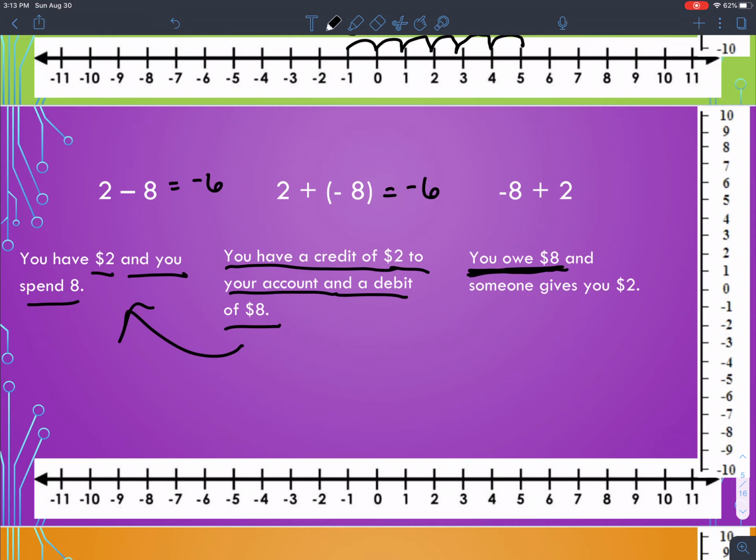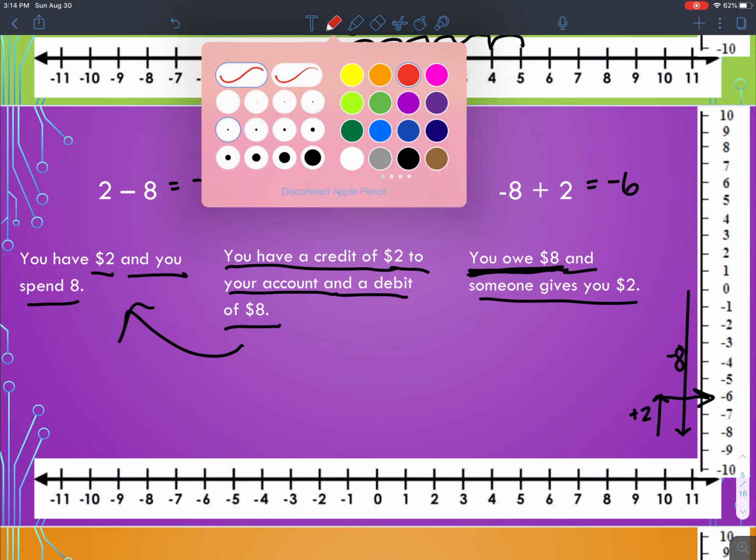So we owe $8 and then we get $2. So we're dealing with the debit first, basically. So we're going to go down 8, and then we're going up 2. Either way, we ended up back at negative 6.